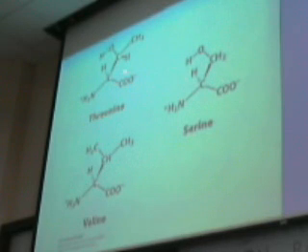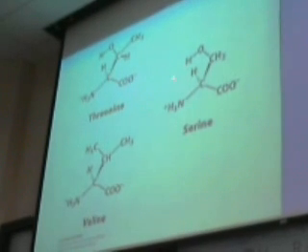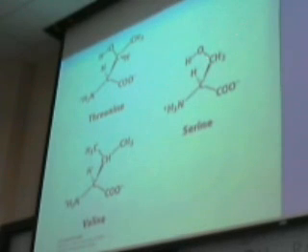Now think about this. They all have the same basic part of the amino acid. This has a beta carbon, and then a gamma methyl group, and then an OH group attached to the beta carbon. The serine is identical, but it's lacking that methyl. So here we have to distinguish between two amino acids, one having the methyl, one lacking the methyl.